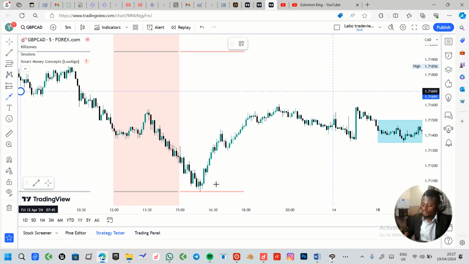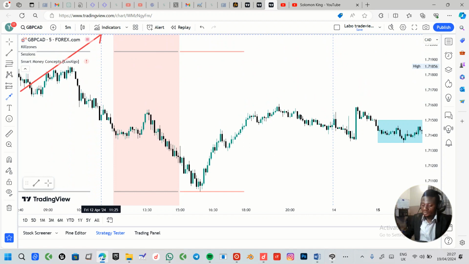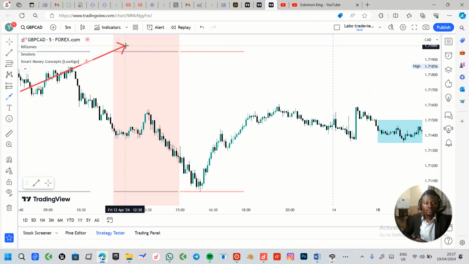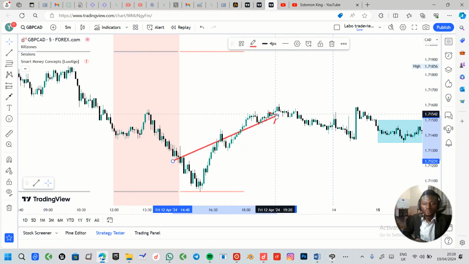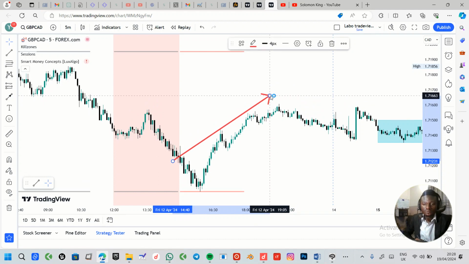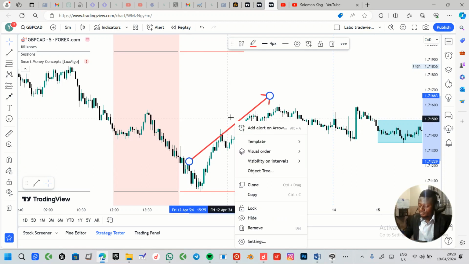Okay, so if you look at this, you discover that it's a what? It's a bullish market. If you look at this, you discover it's a what? From here to here, it's going bullish. It's going up. It's going up, isn't it?